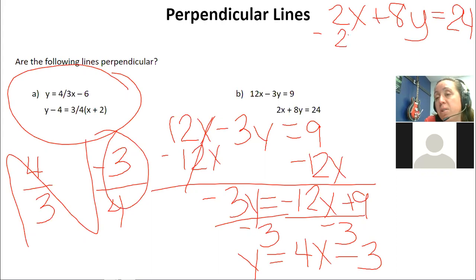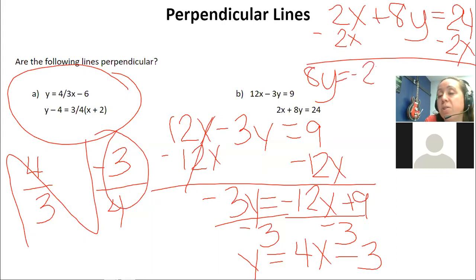Okay, we're going to subtract that 2x. So we're left with 8y equals -2x plus 24. Then what would I do? Divided by 8. Divide by 8. Yeah, are we confused about what to do, guys, or just tired?